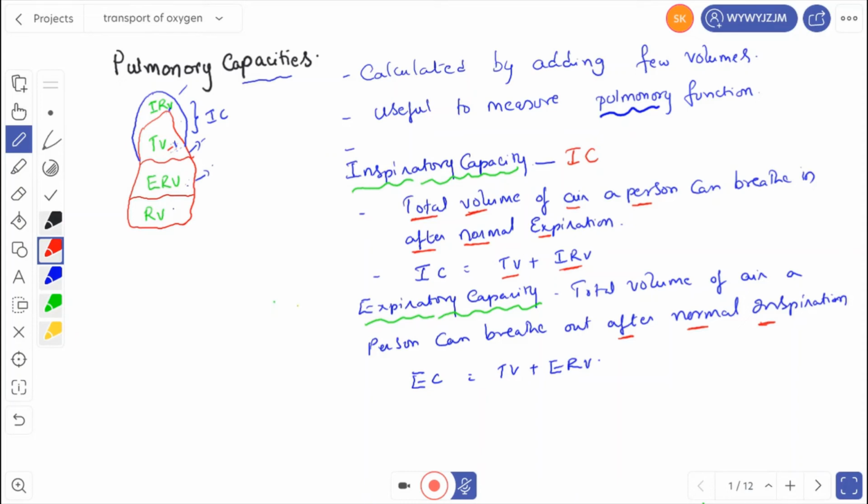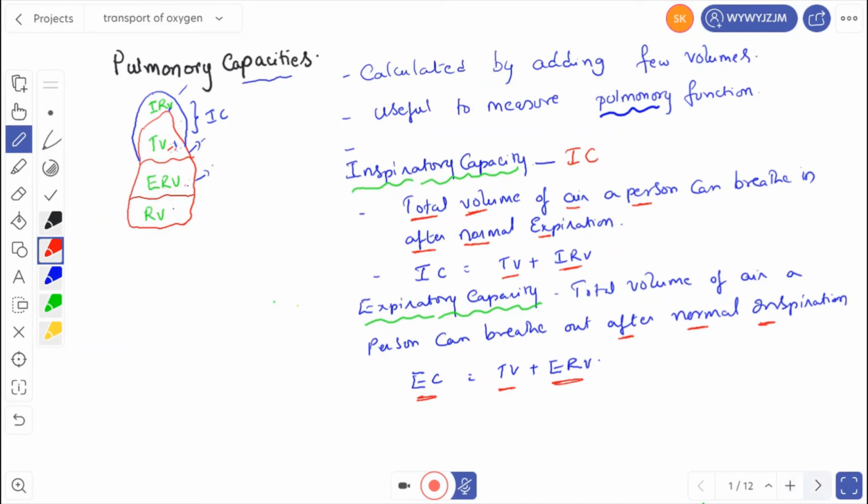By normal expiration you send out this one, by forceful expiration you send out this one. This is your expiratory capacity, the total volume of air a person can send out after normal inspiration, called EC. EC is tidal volume plus ERV.